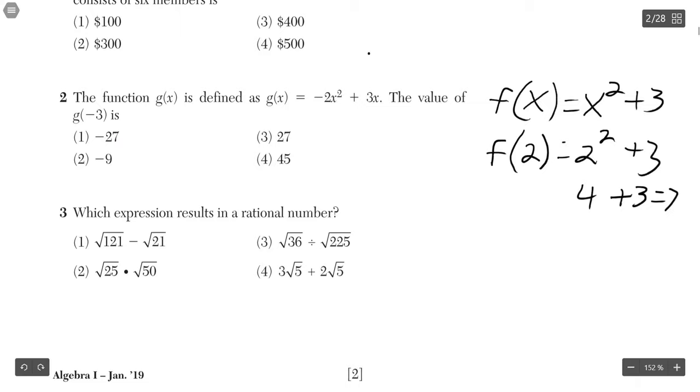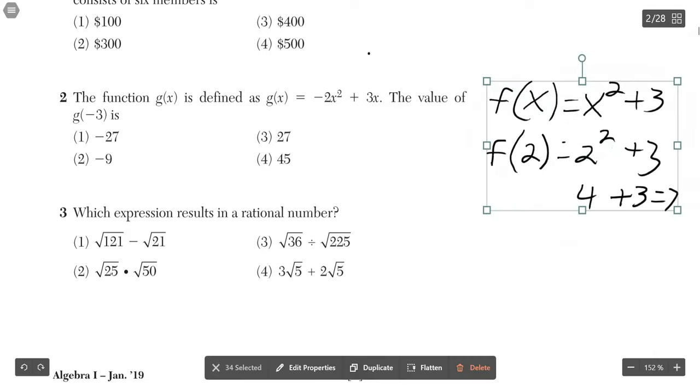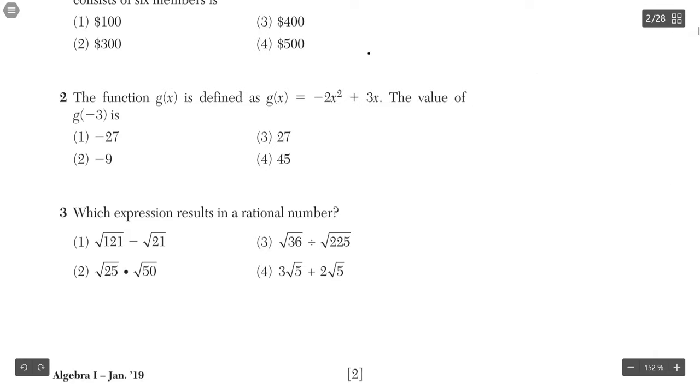So that's how this function works. Okay, so in our case, the function g of x takes the number, squares it, multiplies by -2, and adds 3 of them. They're asking us for g of -3, meaning that the input is -3. So really all we need to do is plug in -3 for x.